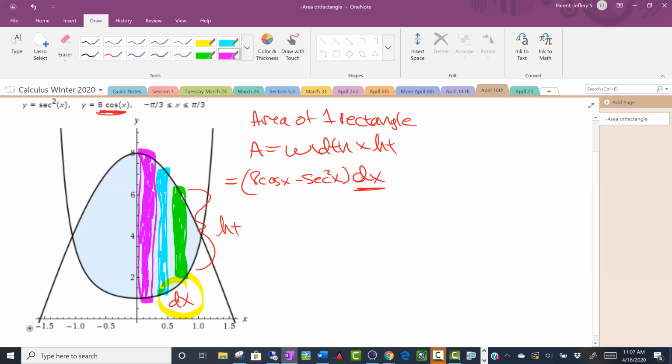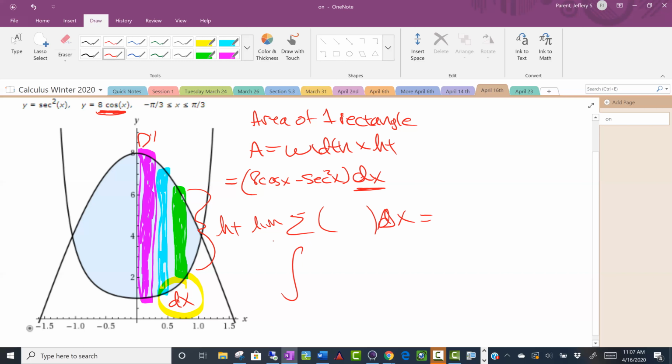The limit of a sum of all those areas, as these delta x terms get really, really small, is going to become our definite integral.